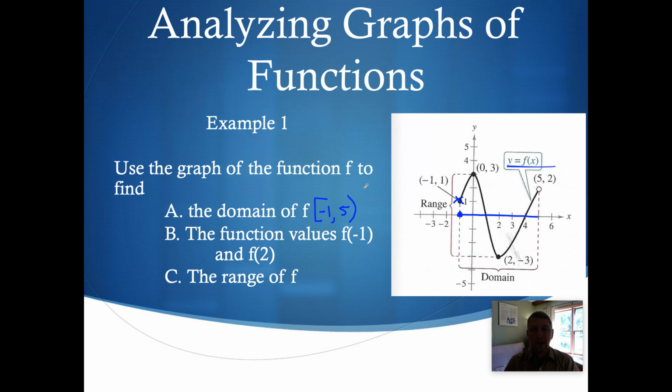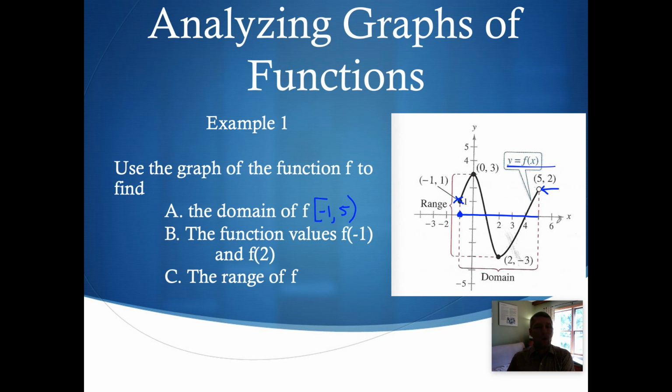In other words, the value x equals -1 is a value in the domain of f. 5, on the other hand, if you look carefully at this point right here, notice that it's indicated with an open circle. And what that suggests is that the point 5, comma 2 is not part of the domain of this function. Okay.